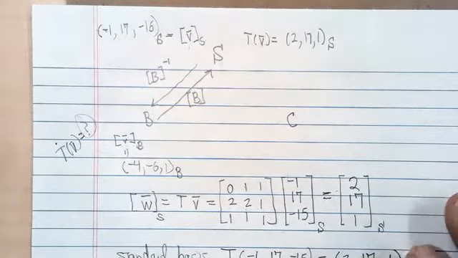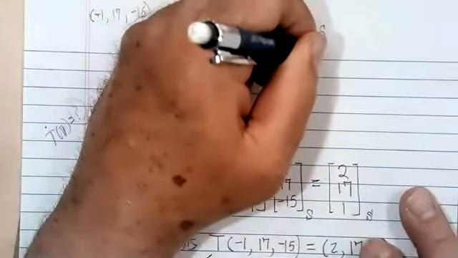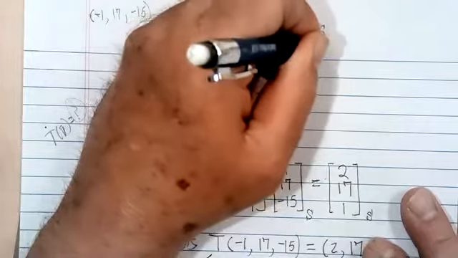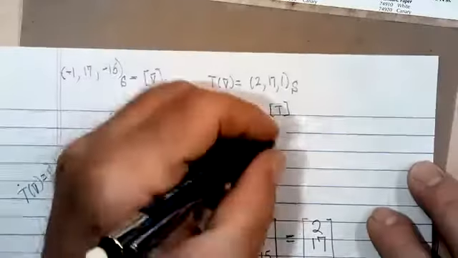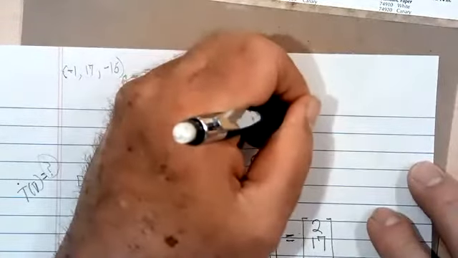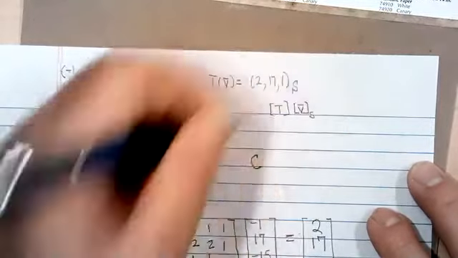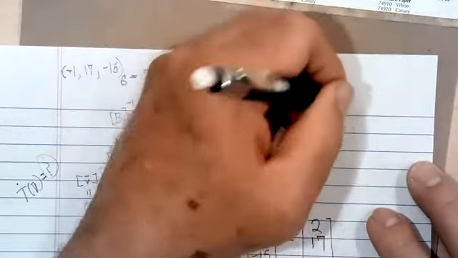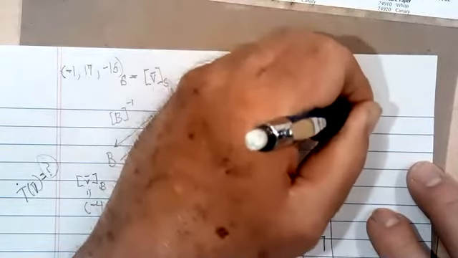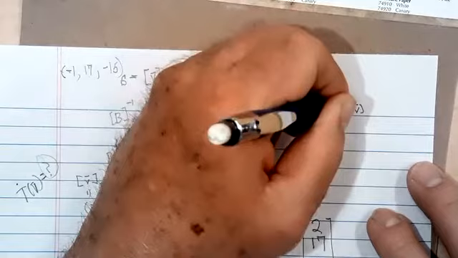And so what I'm saying is, if we take the T matrix, multiply on the left by V in the standard coordinates, we will get T of V in standard coordinates.